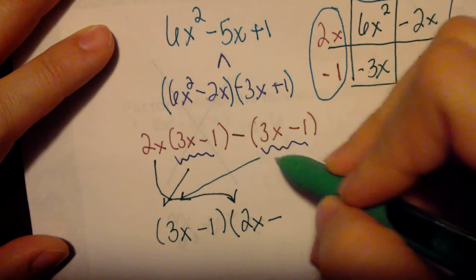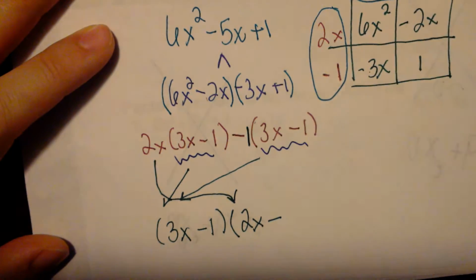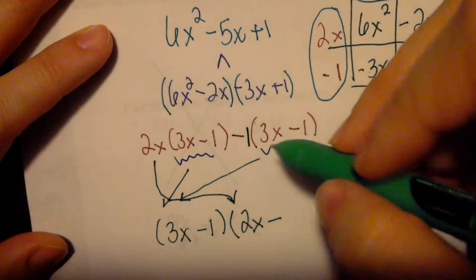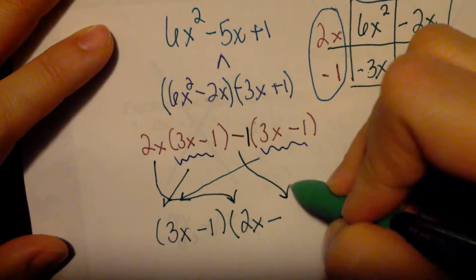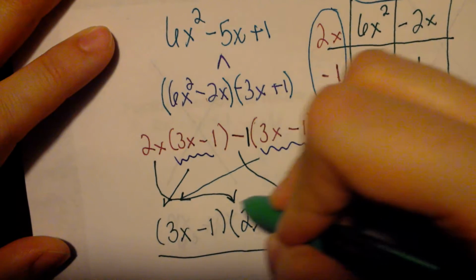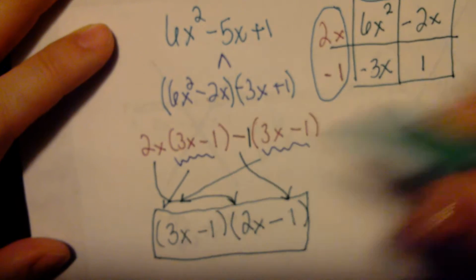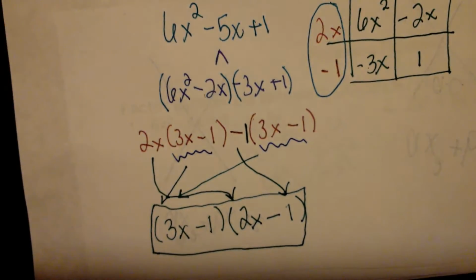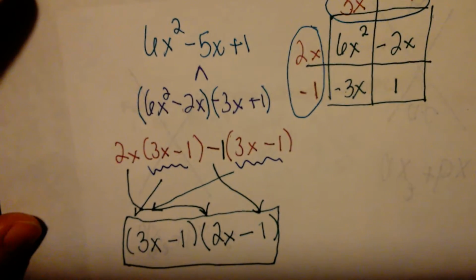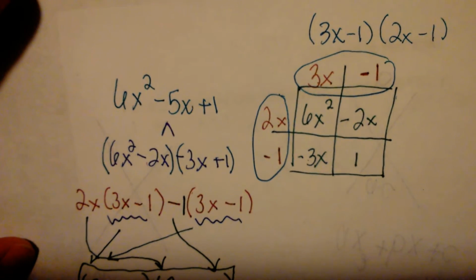I have one thing here, so technically I can write a 1 there, and it won't change anything. So it means that -1 is coming down. So those are my two factors. And so I do get the same thing if I group or if I use the box.